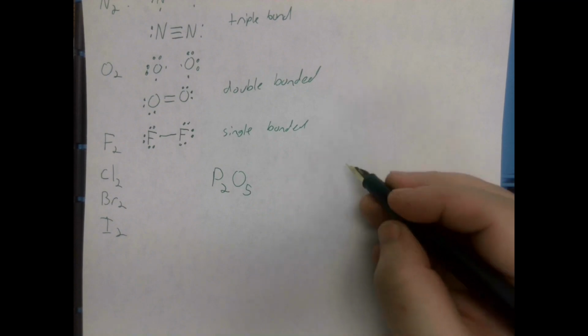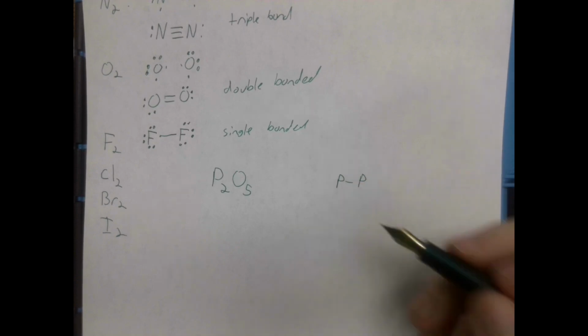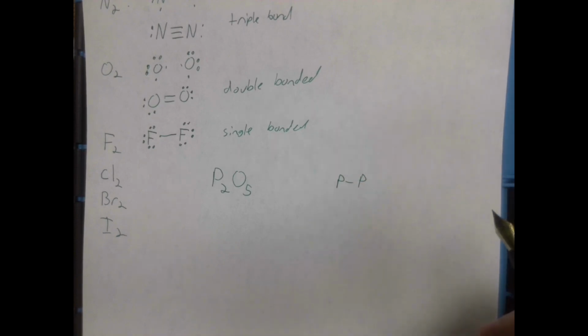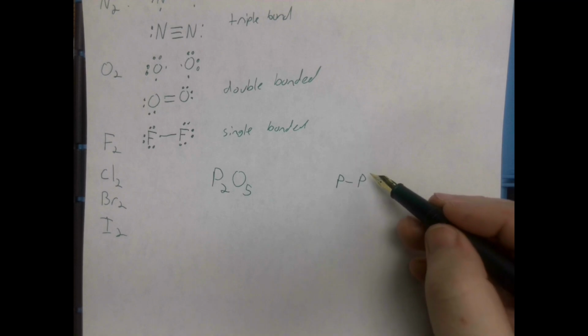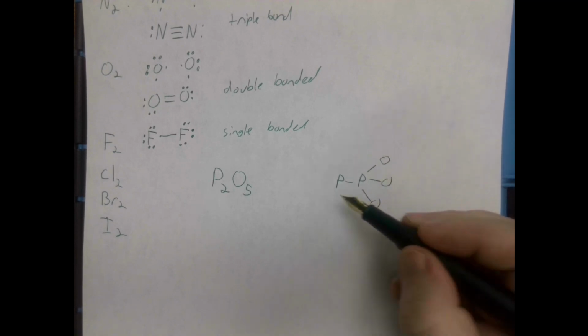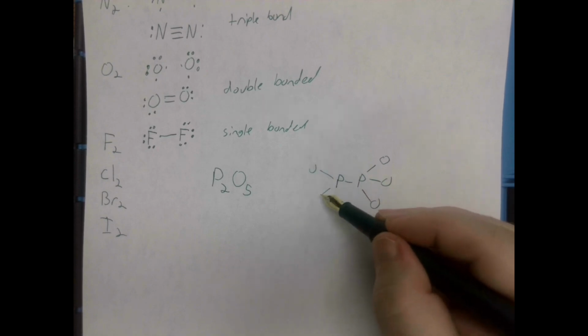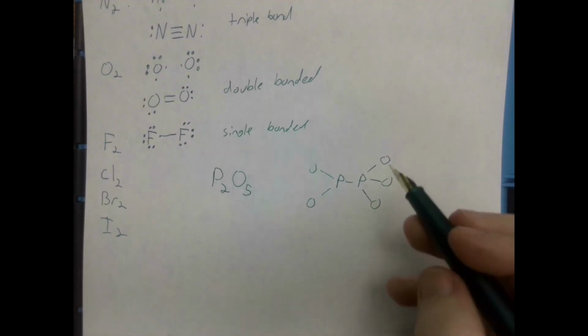So we have phosphorus and a phosphorus, and where would the 5 oxygens go? Spread, so 3 over here and 2 over here. Doesn't look right. Good, you noticed it doesn't look right.